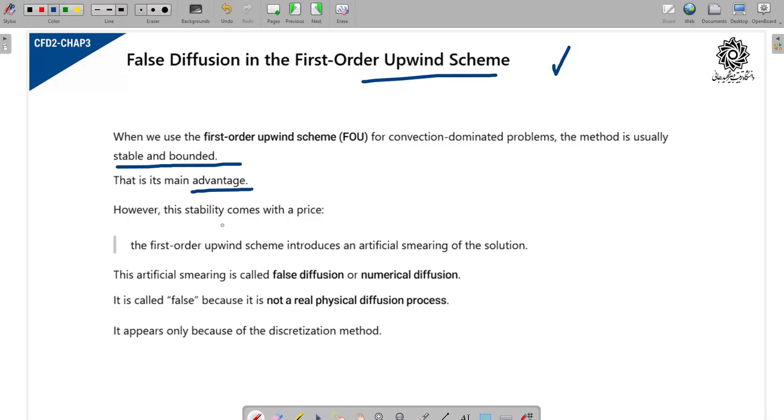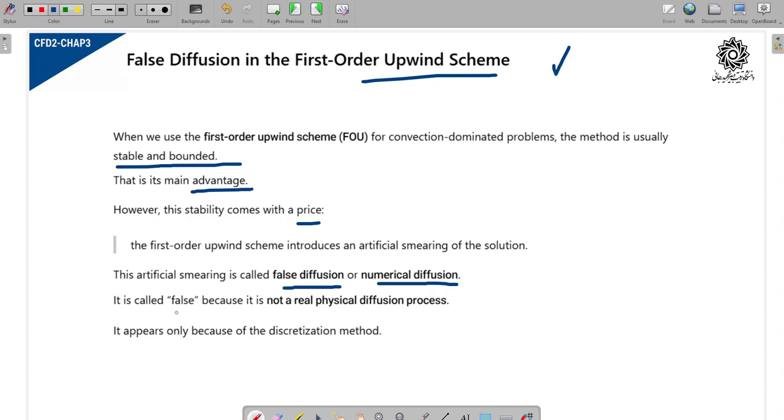However, this stability comes with a price. The first order upwind scheme introduces an artificial smearing of the solution. This artificial smearing is called false diffusion or numerical diffusion.